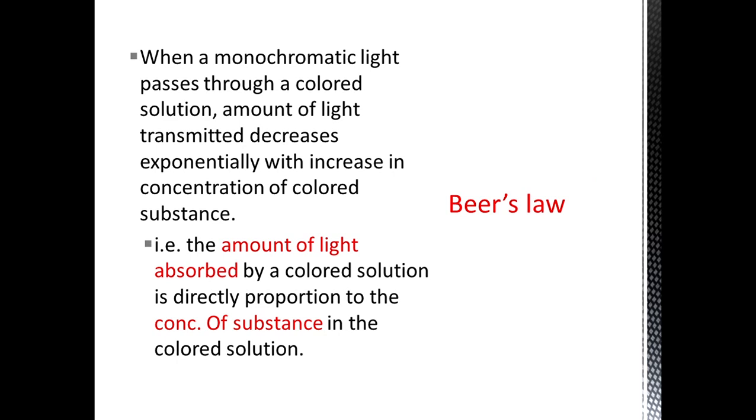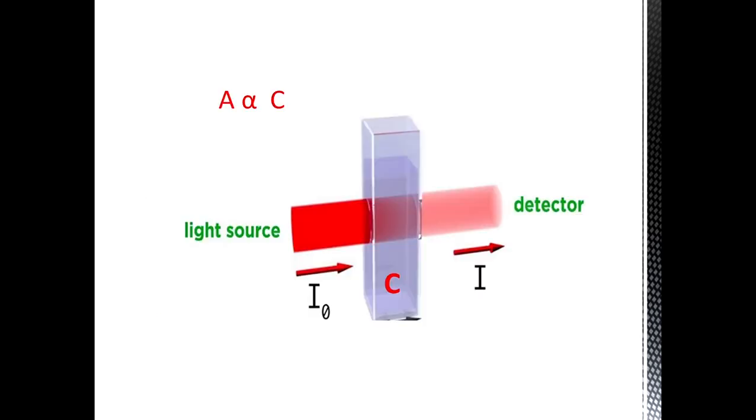Beer's law states that when a monochromatic light passes through a colored solution, the amount of light transmitted decreases exponentially with increase in concentration of the colored substance. That is, the amount of light absorbed by a colored solution is directly proportional to the concentration of substance in the colored solution.